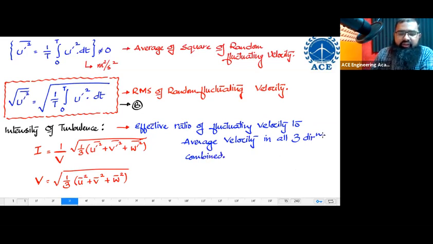So this intensity of turbulence is the effective ratio of fluctuating velocity to average velocity. In which direction? In all three directions combined, we are looking at this thing. So this completes the first concept.